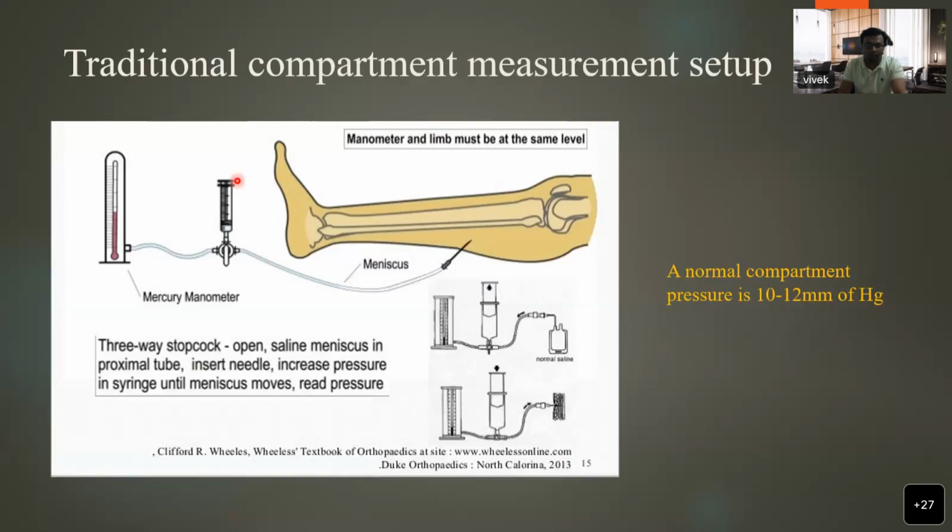This is what a traditional compartment measurement setup looks like. You should make sure that the manometer and the limb are at the same level. There is an intracompartmental needle and a pressure measurement system with a stopcock in between.